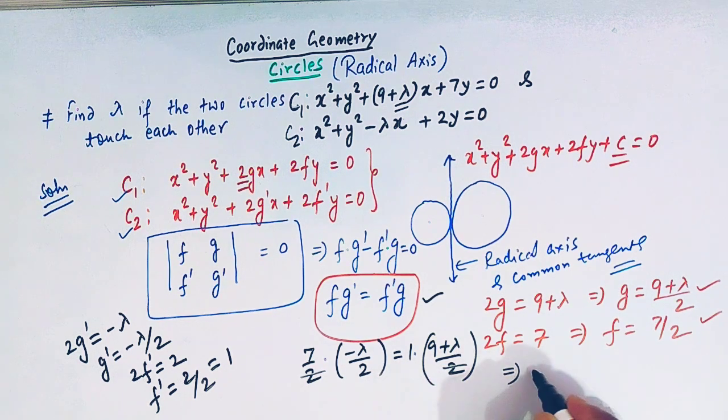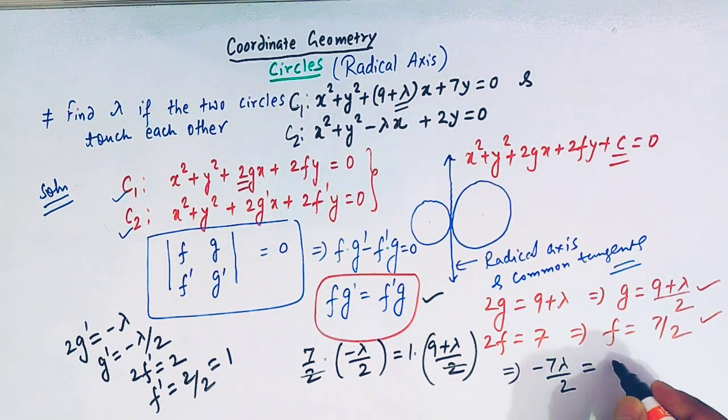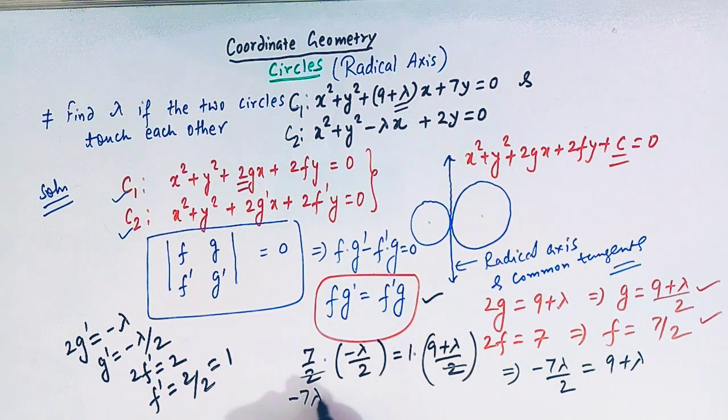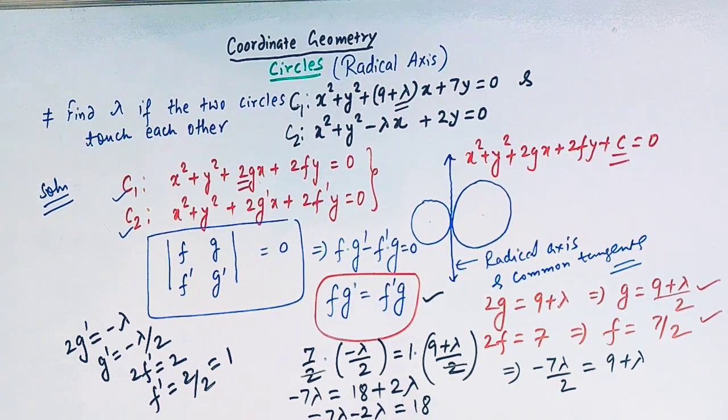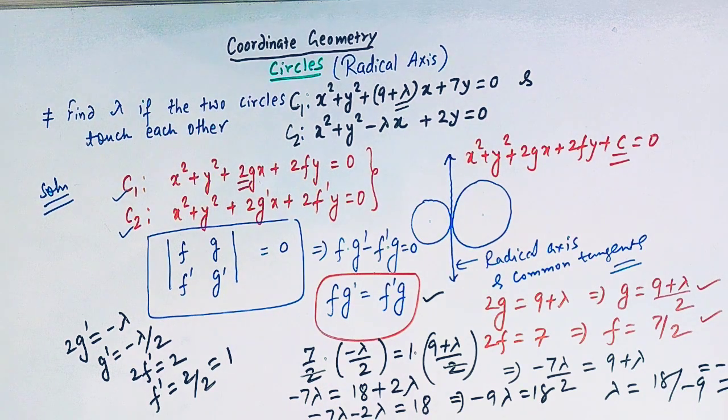So we are left with minus 7 lambda over 2 is equal to 9 plus lambda, right? Now we can multiply 9 plus lambda by 2. So we have minus 7 lambda is equal to 18 plus 2 lambda. We can take 2 lambda to this side. So we have minus 7 lambda minus 2 lambda is equal to 18. And this is minus 9 lambda is equal to 18. So lambda is 18 over minus 9, that is minus 2.